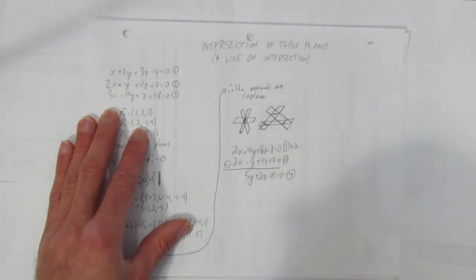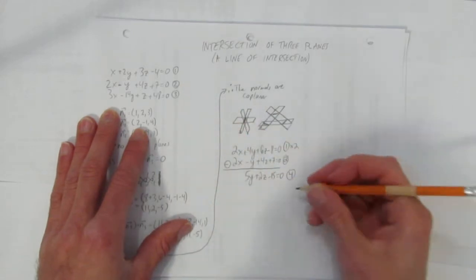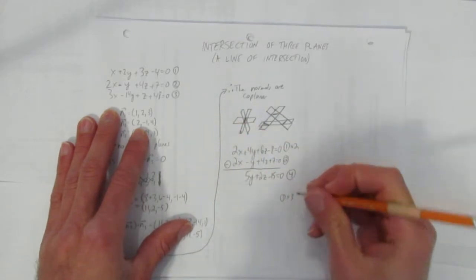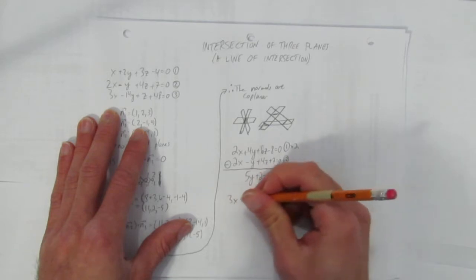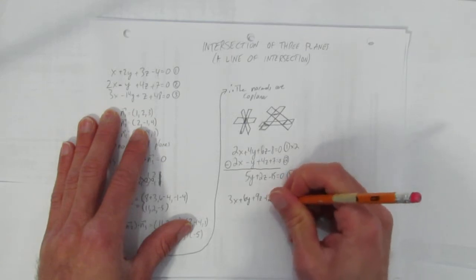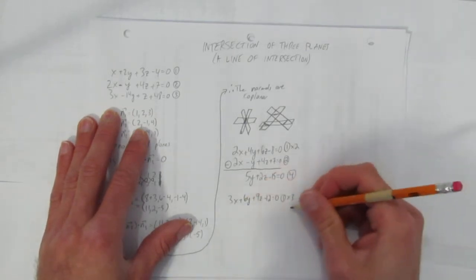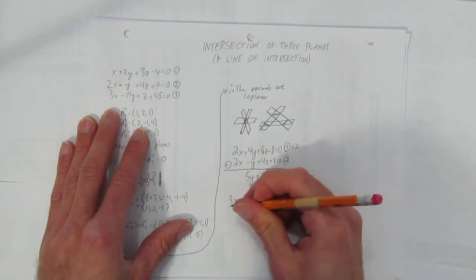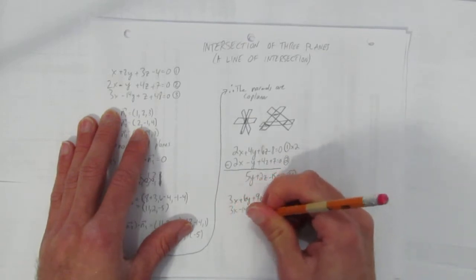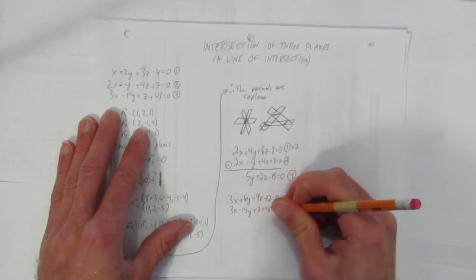I'm going to eliminate the x as well from equation 1 and 3. So let's do equation 1 times 3. I get 3x times 3 is 6y times 3 is 9z minus 12 equals 0. And leave equation 3 alone. I get 3x minus 14y plus z plus 48 equals 0.